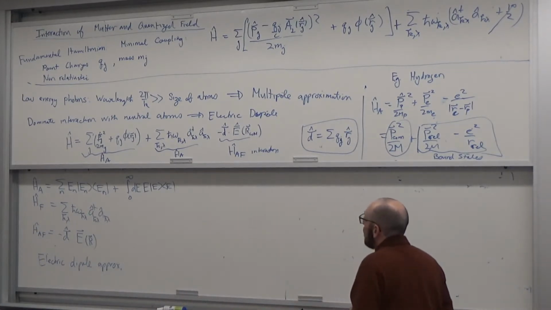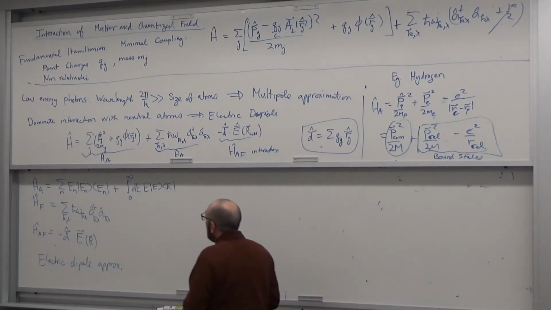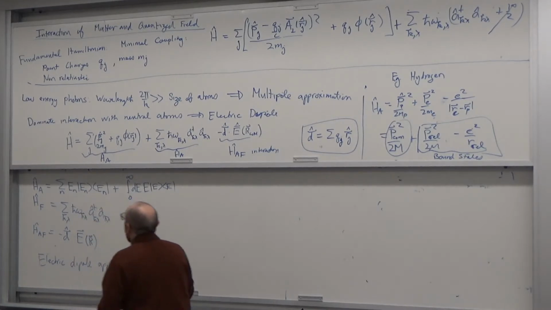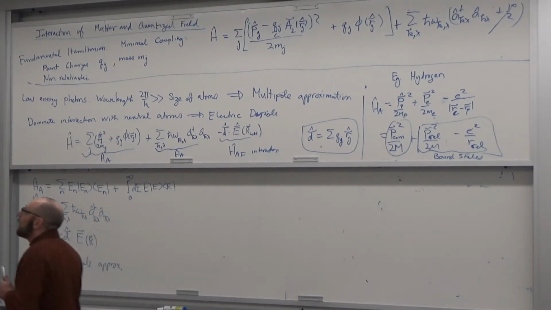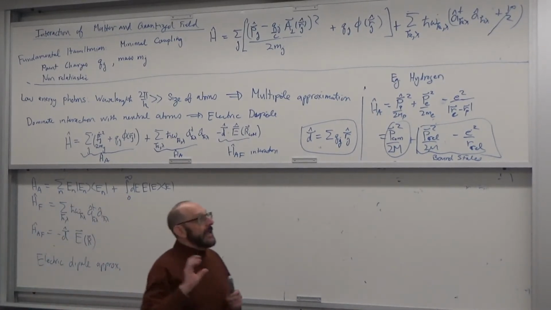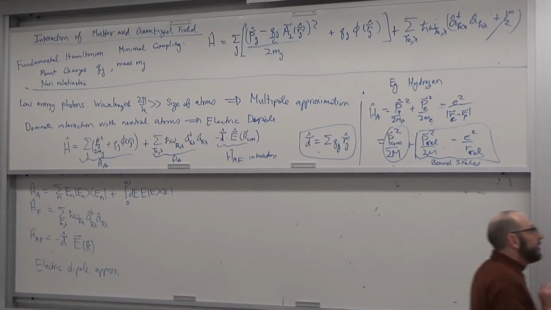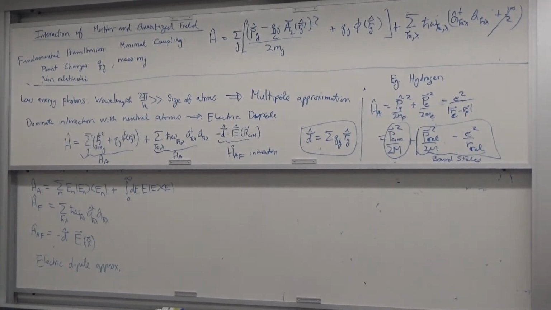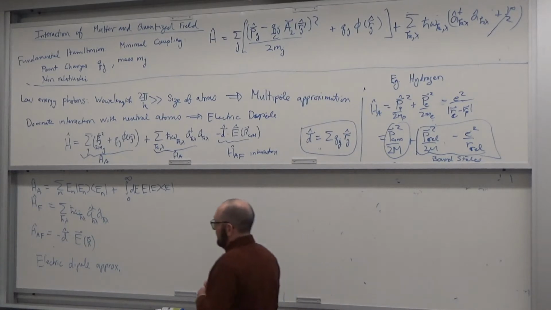All right, now what? Well, what we are going to be interested in is when we shine light, including the quantum aspects of it, near resonance between two bound states.